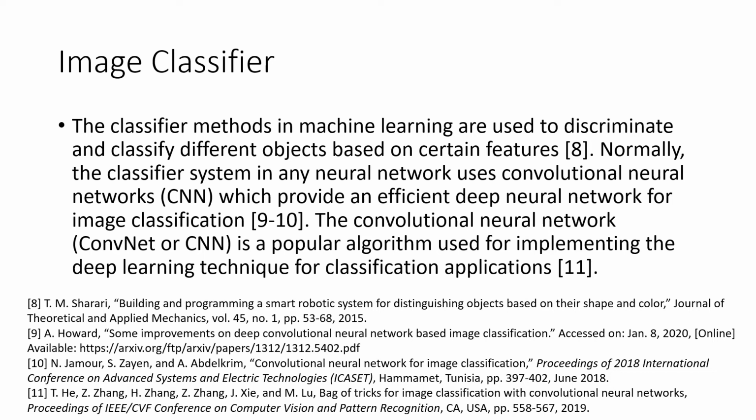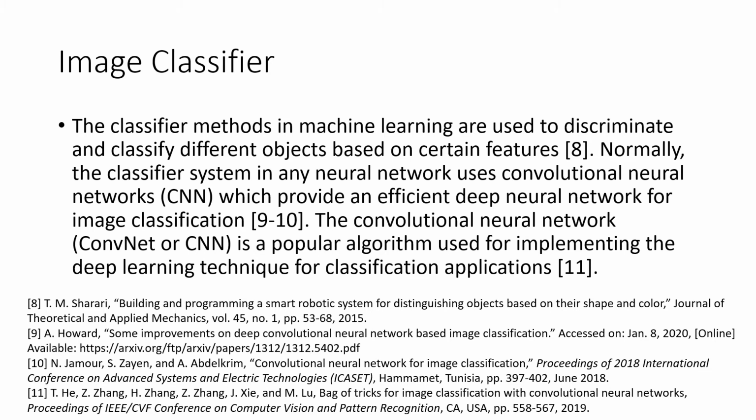And after that, we have image processing, the data augmentation, and the third one is image classifier. Classifier methods in machine learning are used to discriminate or classify different objects based on their certain features. Normally, the classifier system in neural networks uses a convolutional neural network or CNN.